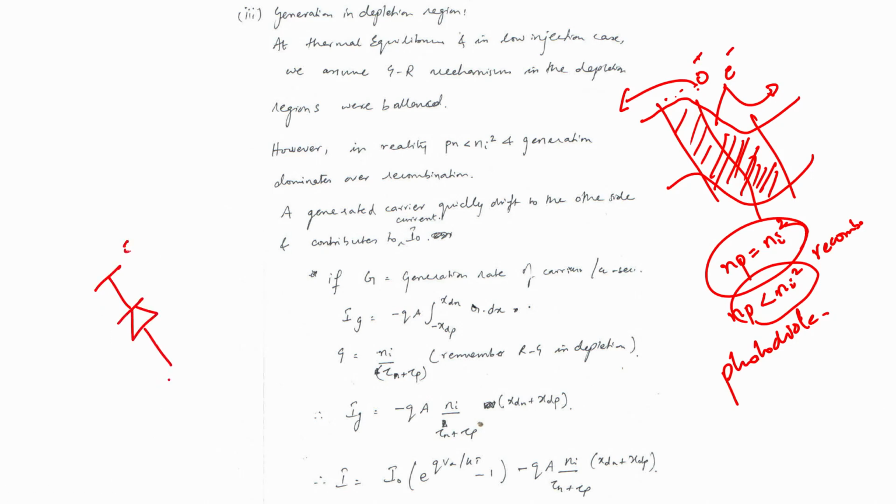You apply a very large reverse bias voltage, and when light falls on this junction, you create electron hole pairs, and this electron hole pair creation is encouraged and the recombination is now quite low.